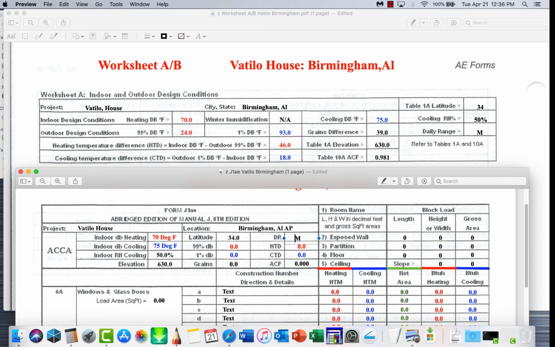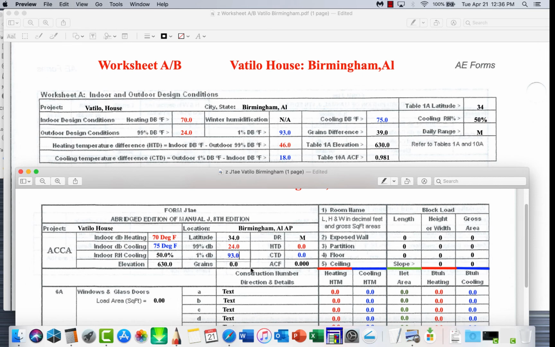Let's straighten that up a little bit. There we go. All right, 99% dry bulb, ours is 24. Our 1% dry bulb is 93.